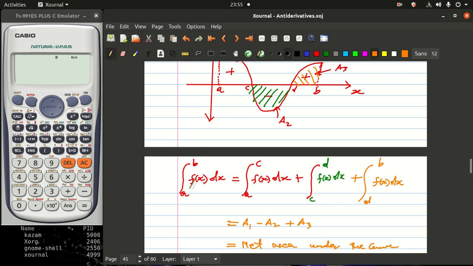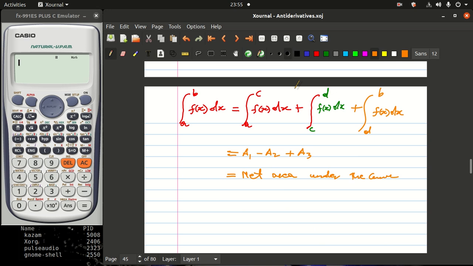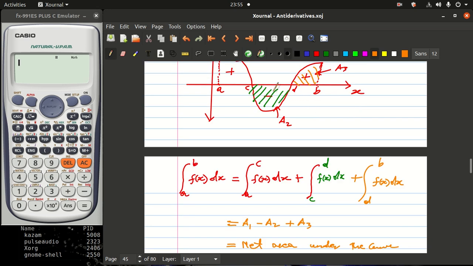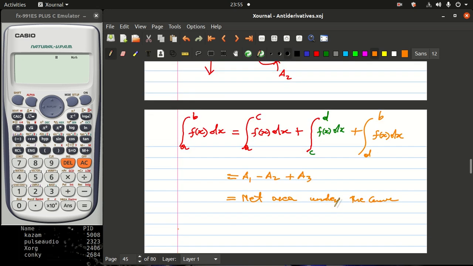So this is the net area when you're moving from a to b. But if you are looking for the total area, this is the net area because we have a negative area here and we just added it.